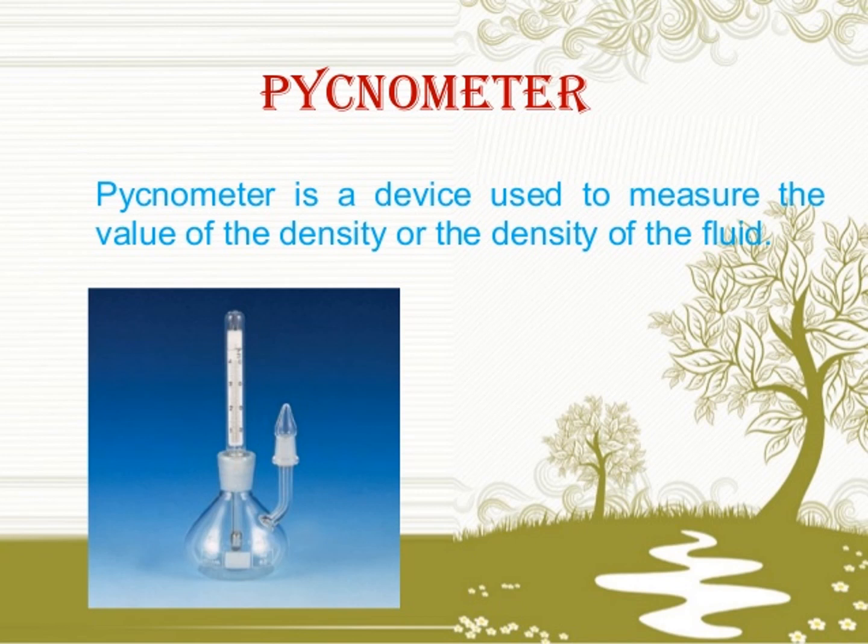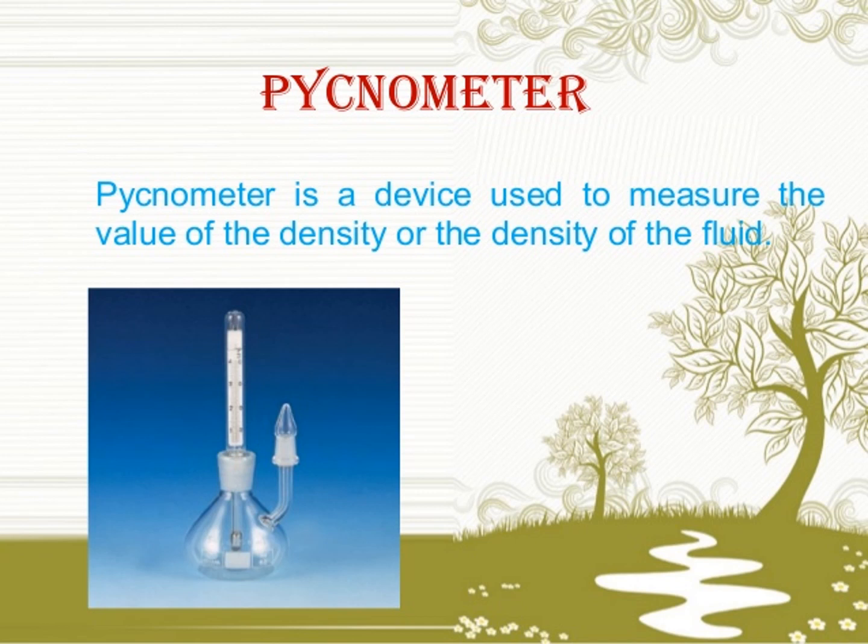By this way, the bottle will always contain the same volume of whatever liquid is filled in, provided the temperature remains constant. Thus, the density of a given volume of substance to the density of equal volume of reference substance is called relative density or specific gravity of the given substance.